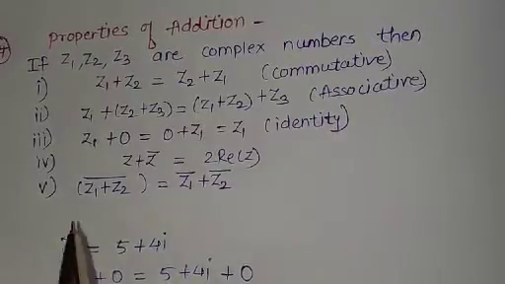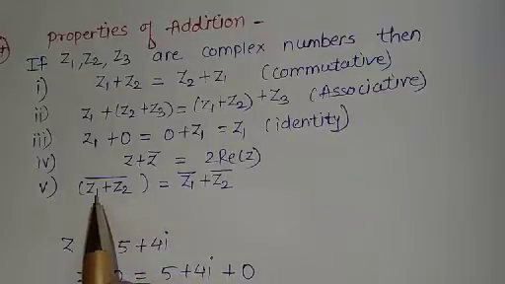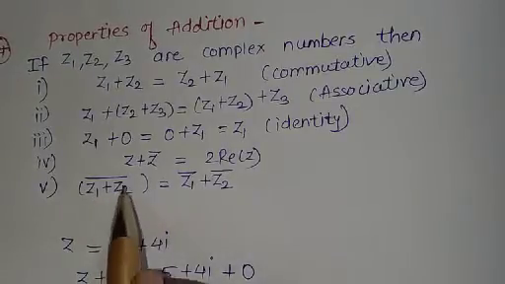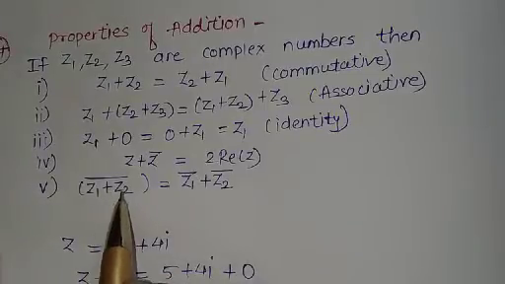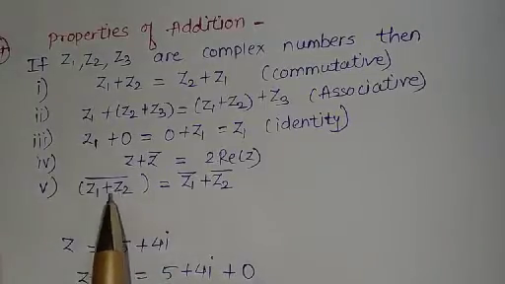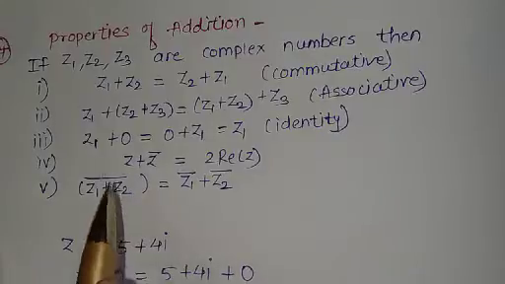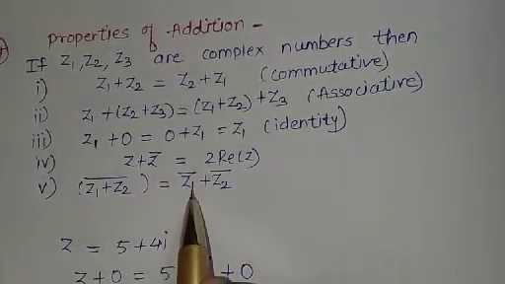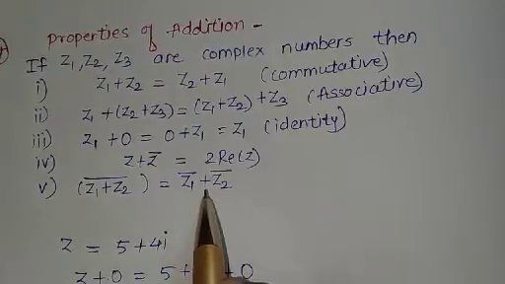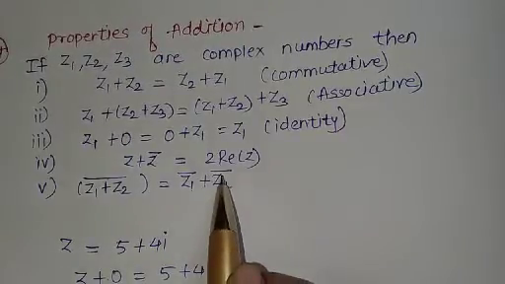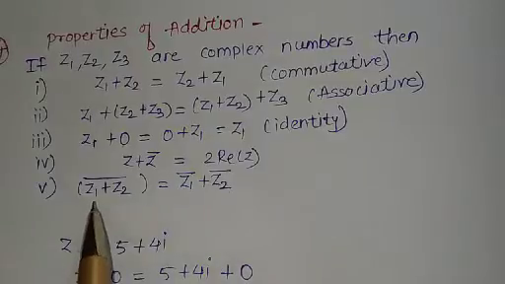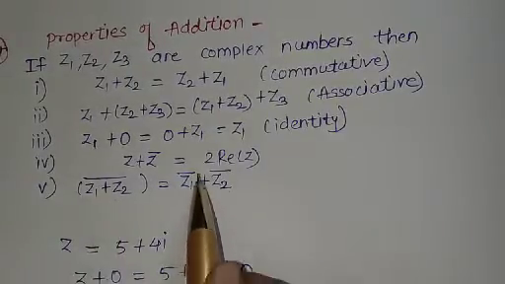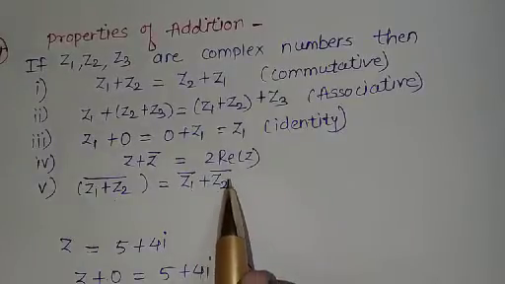And the last property is, here for the two complex numbers z1 and z2, in the LHS we add these two complex numbers in conjugate form and will get the conjugate of the first complex number plus the conjugate of the other complex number, that is, z1 plus z2 conjugate is nothing but z1 conjugate plus z2 conjugate.